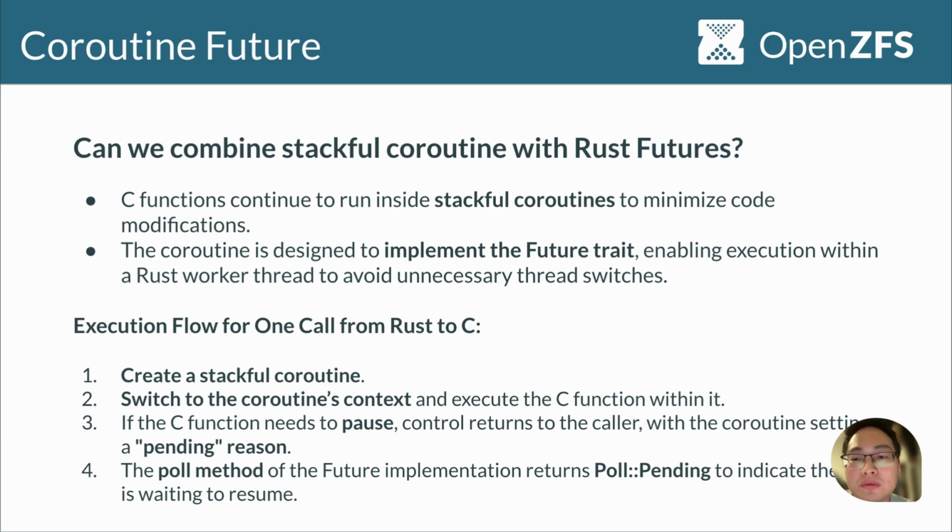So we can poll the coroutine future on the Rust thread. If the target function is non-blocking, our first poll of the coroutine future will return ready. Then the task is done. We don't have to change to any thread.